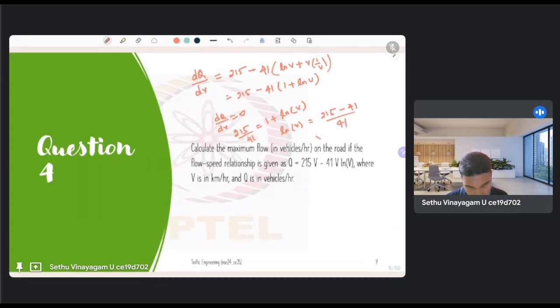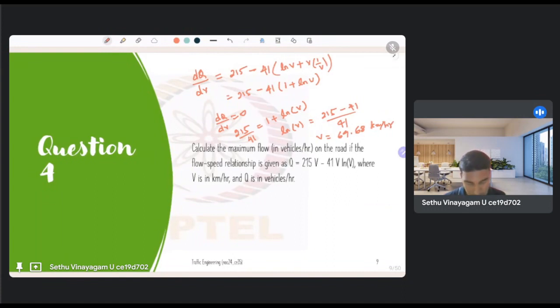If we solve this, we will get V equal to 69.68 kilometers per hour. At V equal to 69.68, the slope of this curve is 0, so this could belong to either the minimum or the maximum of this function.